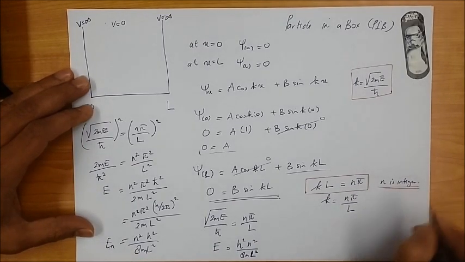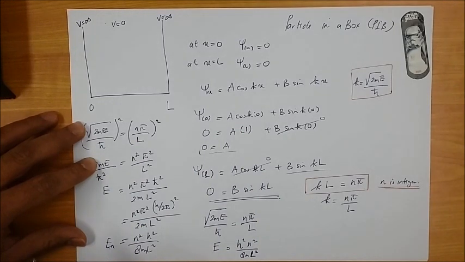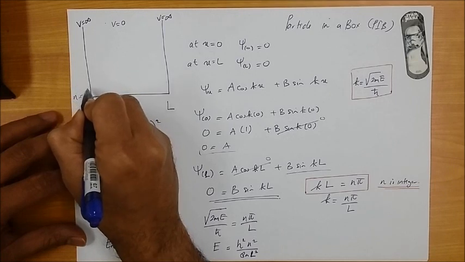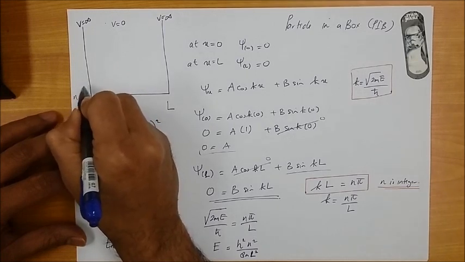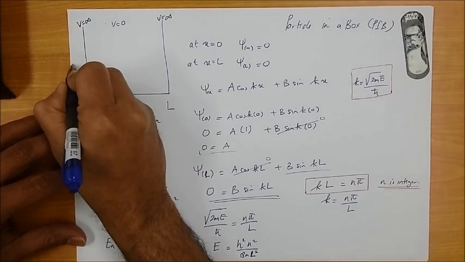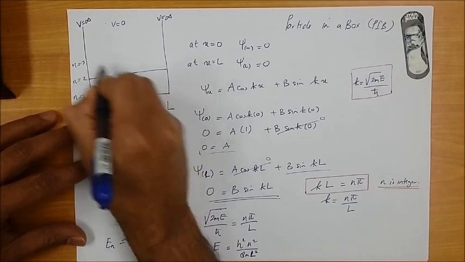So the energy level of the particle in the box is a function of n squared, which is an integer. So if this is n equals 1, then you cannot have n equal to 1.1, 1.2, 1.3, and so on. You can only have n equals 2, n equals 3, and so on.